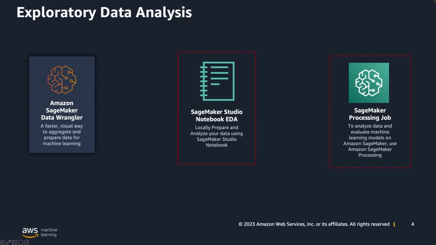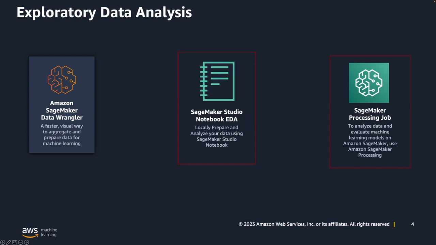You can use Amazon SageMaker Data Wrangler, which is a fast and visual way to aggregate and prepare your data for machine learning. You can also do exploratory data analysis in situ on Studio notebooks. You can locally prepare your data, leverage that data to train your model, even train your models right on the Studio notebook.